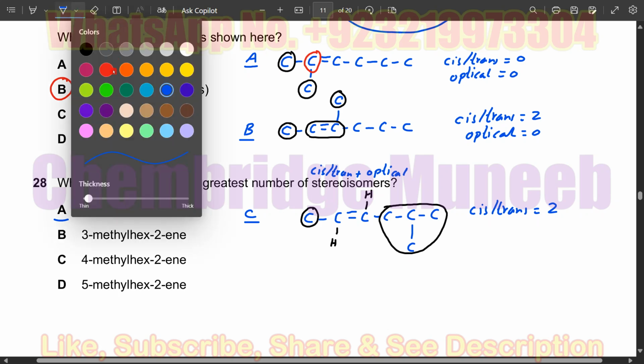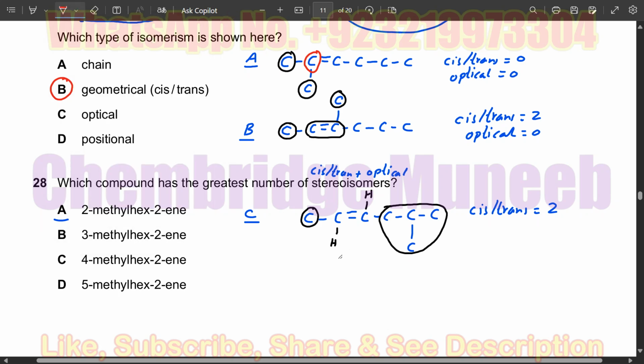And what about optical? We can find one carbon over here. The structure is slightly different here. I have to draw the structure for the 4-methyl.